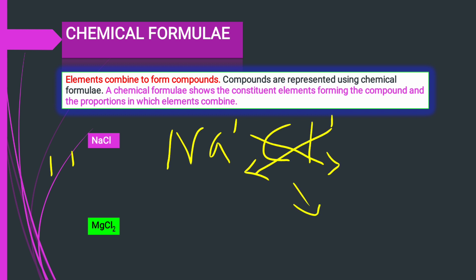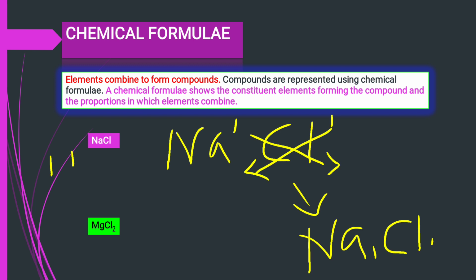The resulting will be now sodium with this one now comes here. And then we have chlorine, and then this one here comes here, giving us now the formula of sodium chloride.